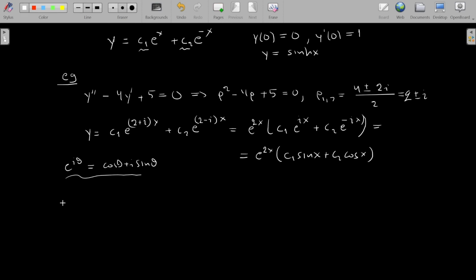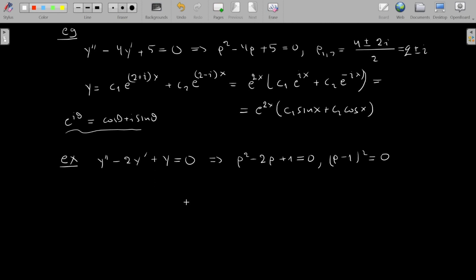Now, let's take one more example. Y double prime plus 2y prime plus y is equal to 0. The characteristic equation is r squared plus 2r plus 1 is equal to 0. But this has a double root. This is just (r plus 1) squared is equal to 0, meaning that you have a double root.